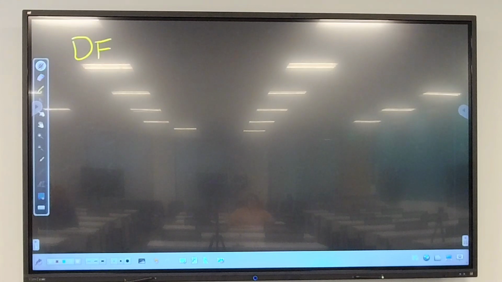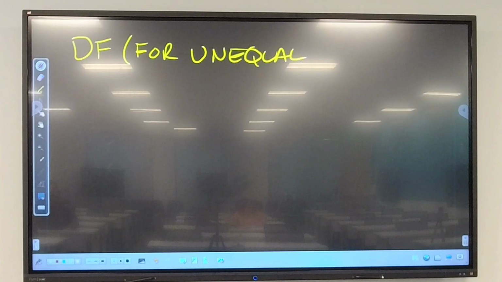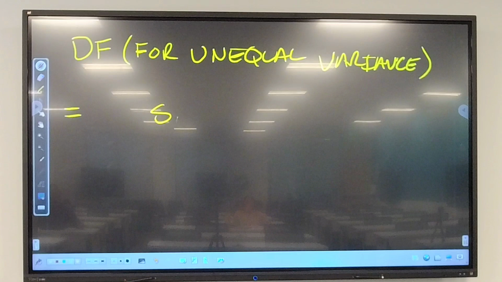So the degrees of freedom for unequal variance, and I'm sure there's a way to argue that this is somehow reasonable, but I don't think I've ever figured it out.